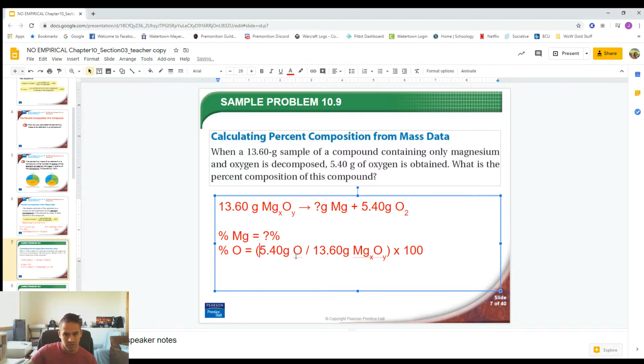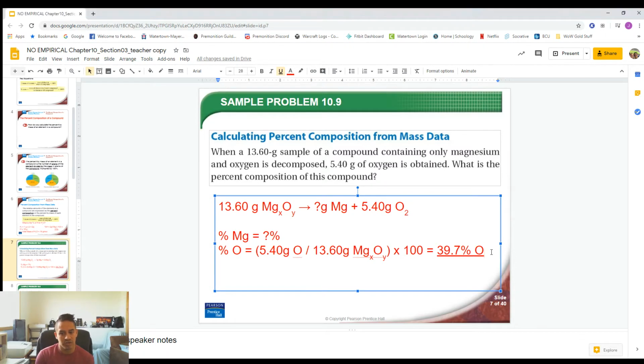I'll do it on my calculator here real quick. 5.40 divided by 13.60 times 100. We're just going to round to 3 sig figs. So 39.7% oxygen. That's how much oxygen is in the compound.